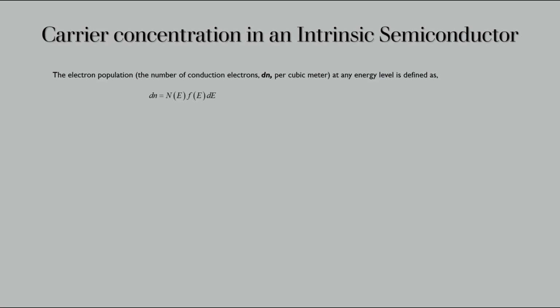Here Ne is the density of states and Fe is the Fermi function, and they are defined by these two equations which we have already found in our last class. Now the value of the density of electrons is given by this formula. The derivation of the above equation is based on the assumption that the bottom of the conduction band is at zero potential. But in the case of a semiconductor, the lowest energy of the conduction band is EC.